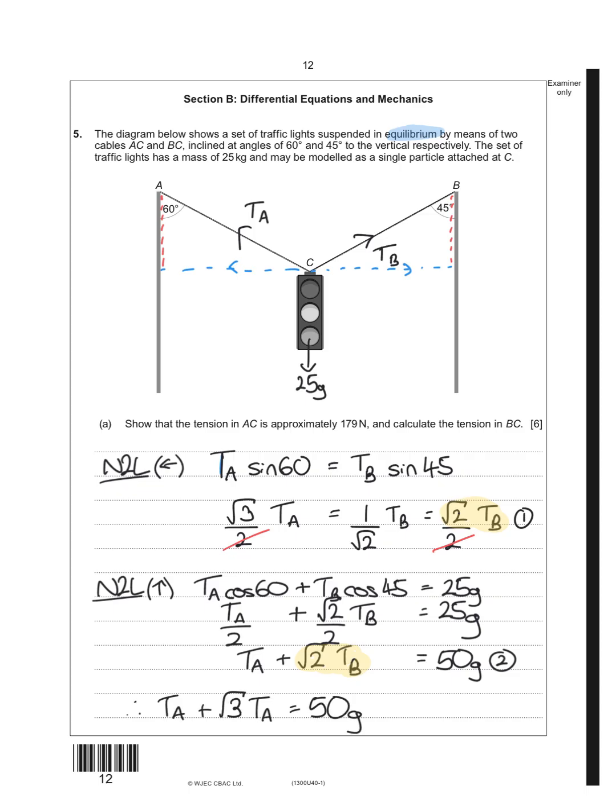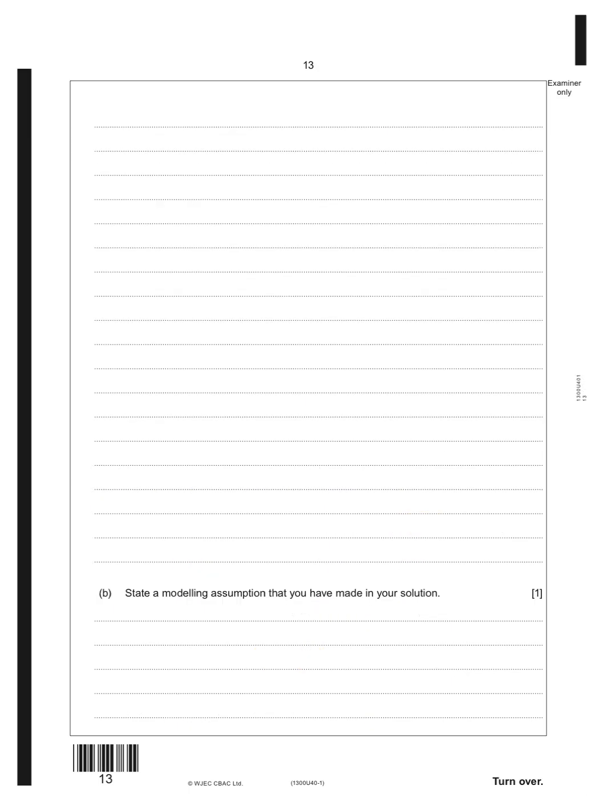And then I'm going to go on to the next slide. Hopefully there's more space for working. There we go. That means I can factorise TA out of the left-hand side, leaving me 1 plus root 3, and that's still equal to 50g. So TA, therefore, is 50g over 1 plus root 3.